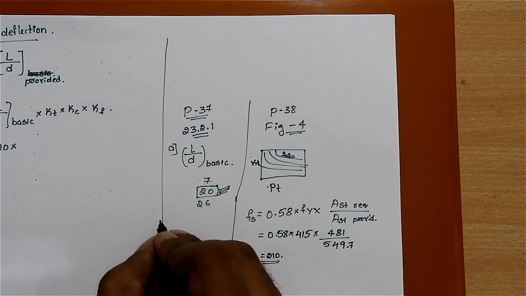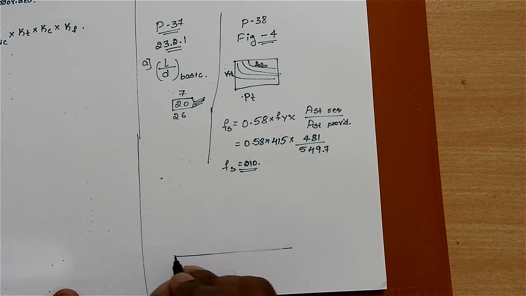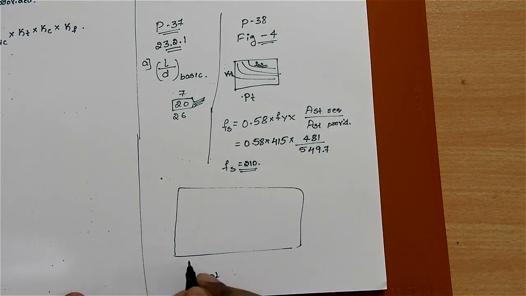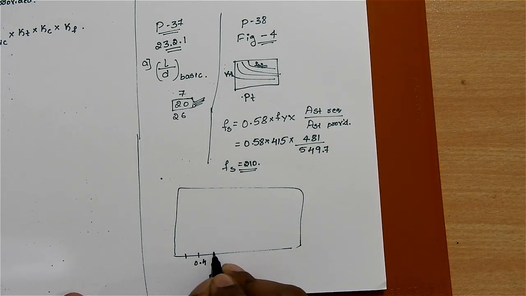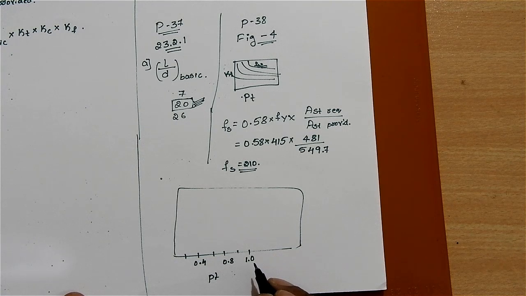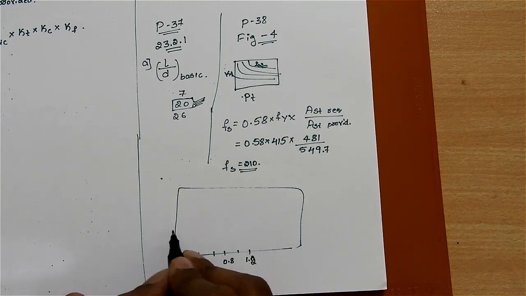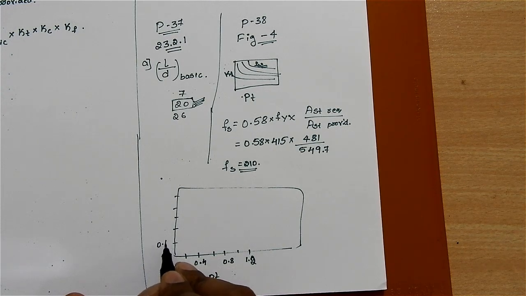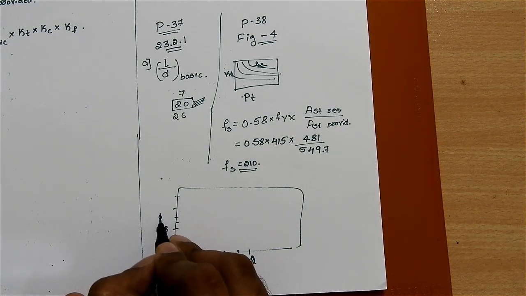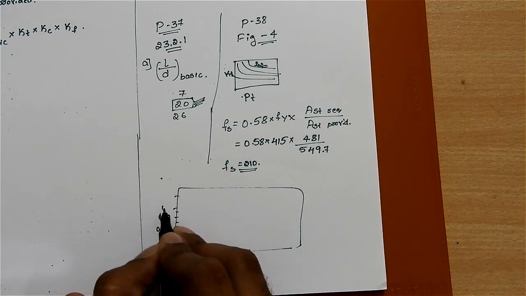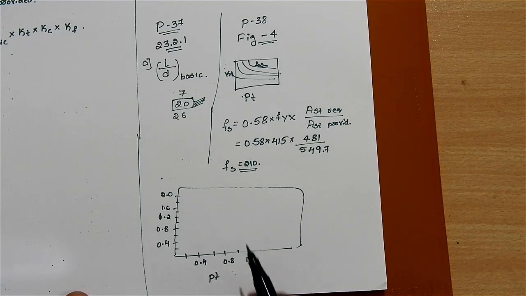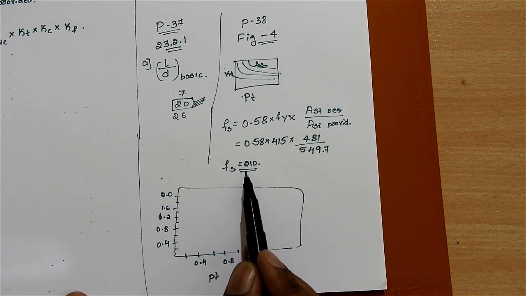In IS 456 you can see the graph, where PT is marked 0.4, 0.8, 1.2, and the corresponding values 0.4, 0.8, 1.2, 1.6 are on the other axis. The Fs curves are also there: 120, 145, 190, 240, everything is there.